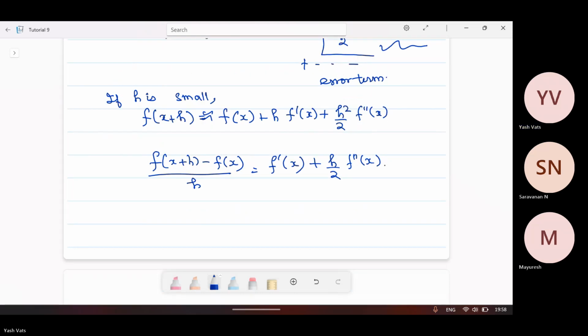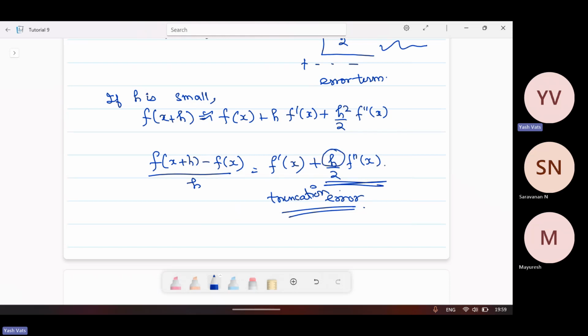Clear? So what this term is basically, this term is the error term, the truncation error, because you are truncating. So the order of truncation error is the value of h to the power 1.